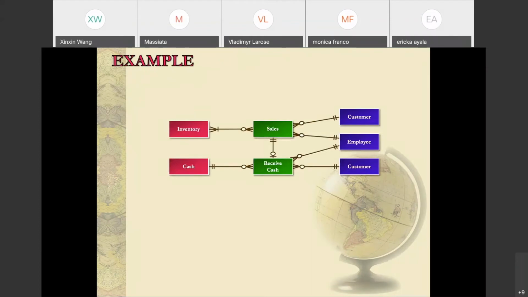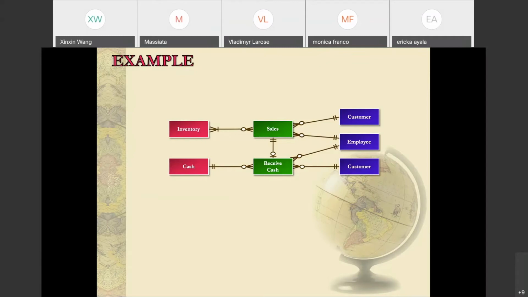So let's have an example to illustrate how we apply those rules in reality. How can we convert the REA diagram into the relational database, right?